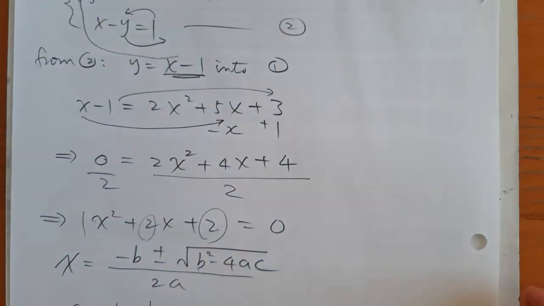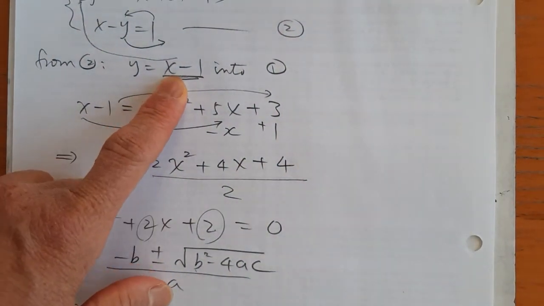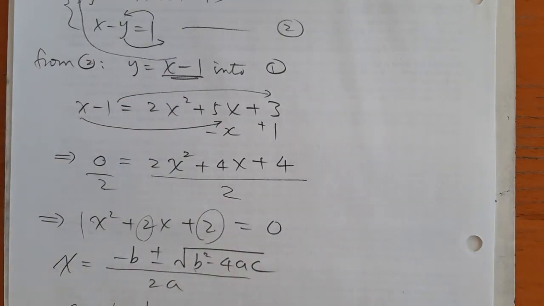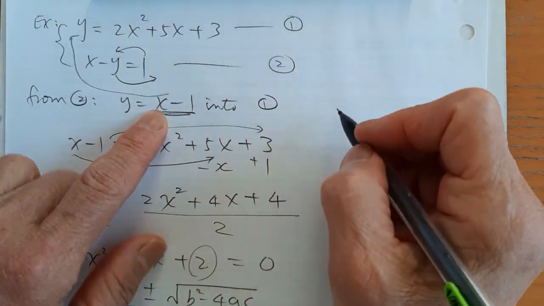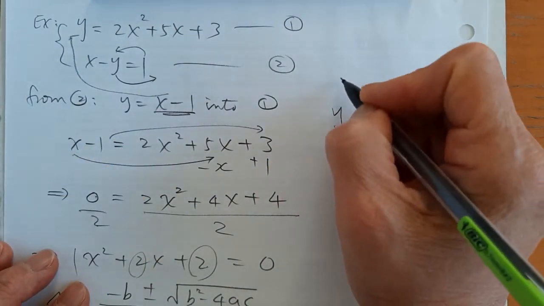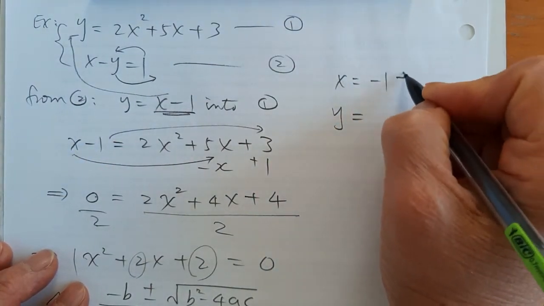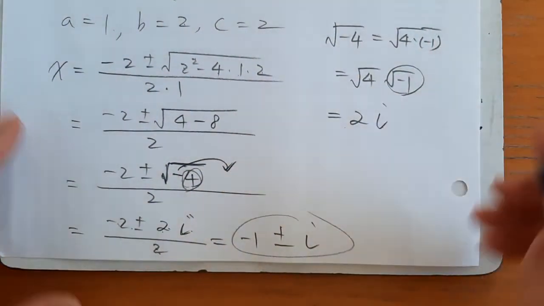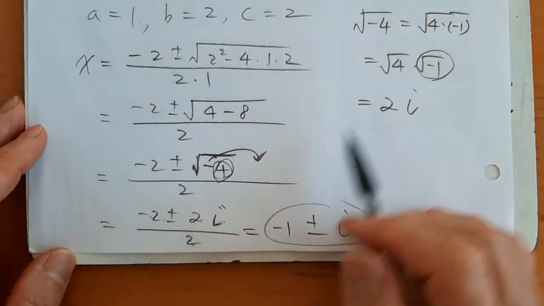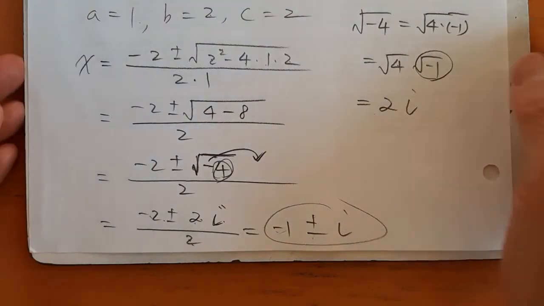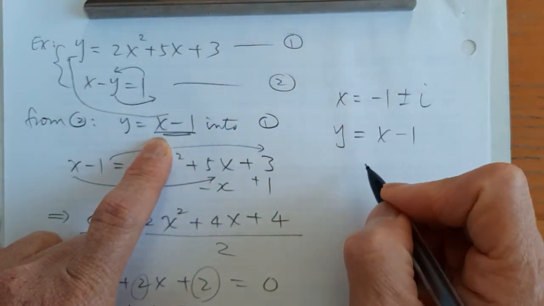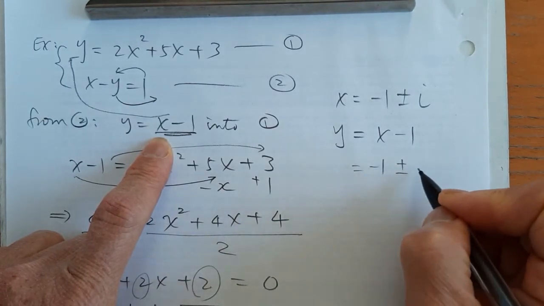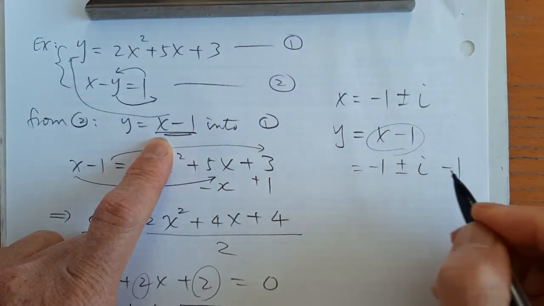And then how to figure out y? y is this one. So plug in x here, and you get y. x equals negative 1 plus or minus i. Plug in here x minus 1. So you get negative 1 plus or minus i, that's x minus 1.